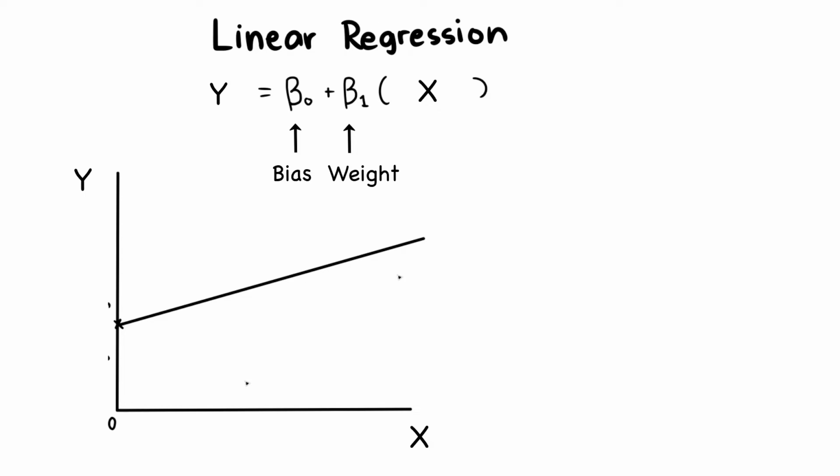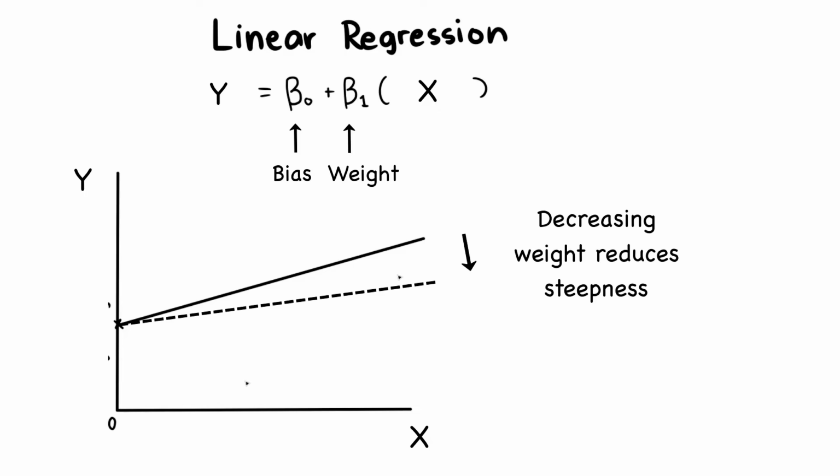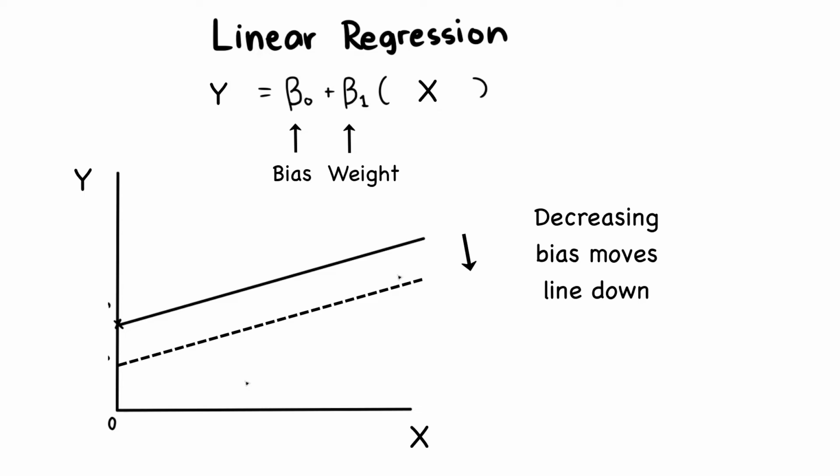So the role of weight and bias in a neural network is very similar to that in linear regression. Weight determines the extent to which that particular variable influences your outcome. So if I'm trying to predict rainfall, then perhaps the presence of clouds would have a greater weighting than something else, such as the current temperature. And in the linear regression example, we saw that weight is associated with the steepness of the line, and bias determines the placement of the line.